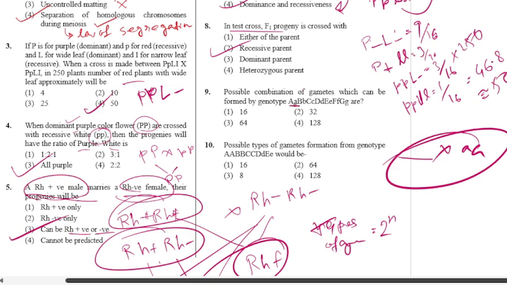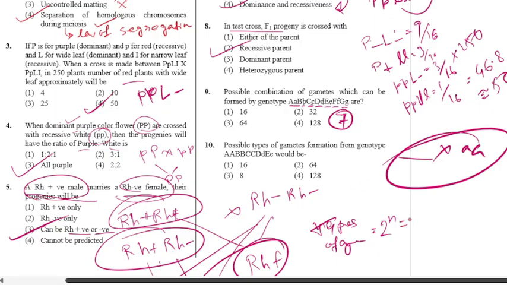This capital A small a is heterozygous, capital B small b another heterozygous, capital C small c another heterozygous, capital D small d, capital E small e, capital F small f, capital G small g. 1, 2, 3, 4, 5, 6, 7. There are seven pairs of heterozygous alleles.